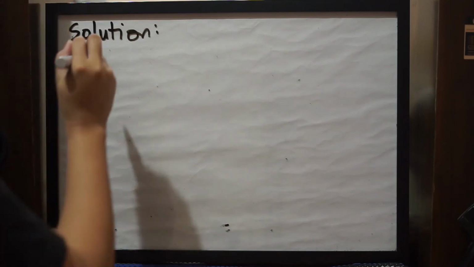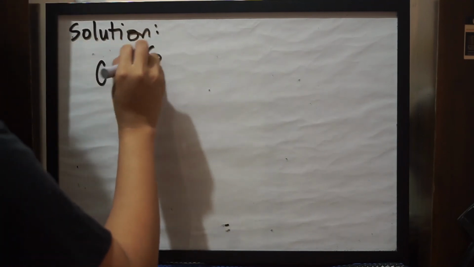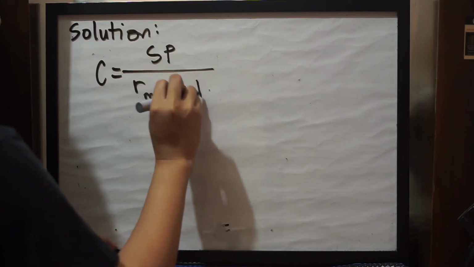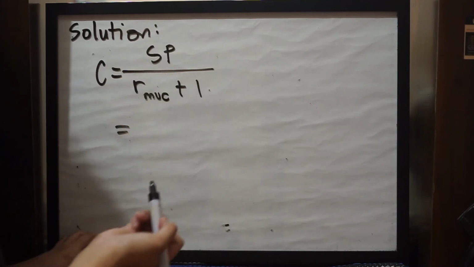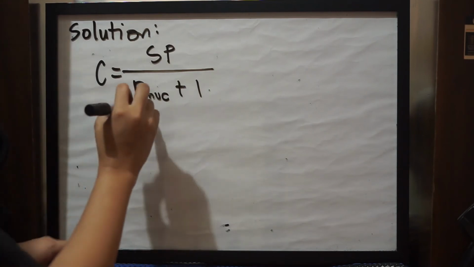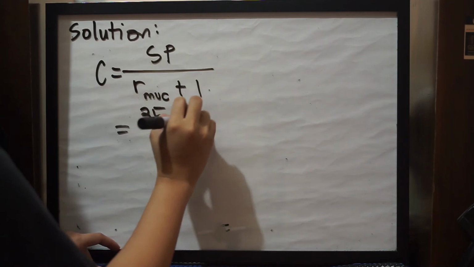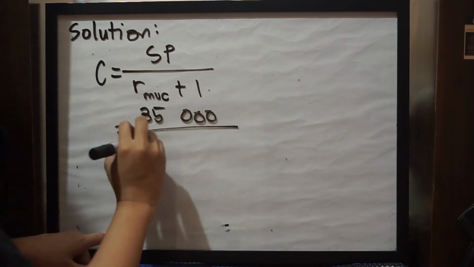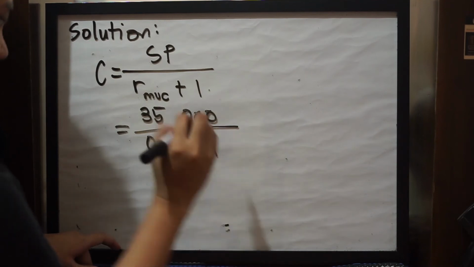Cost is equal to, sige, sulat ko muna ulit yung formula. Rate of markup based on cost plus 1. Ano yung selling price natin? Ang selling price natin is 35,000 all over. Ano ang rate of markup natin? 0.4 plus 1.